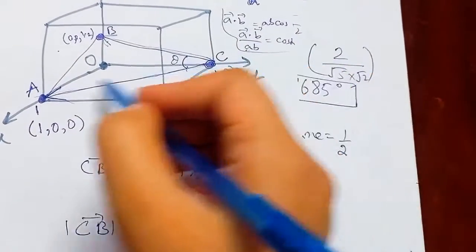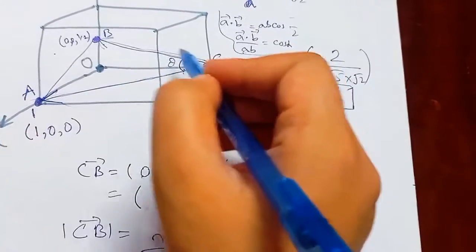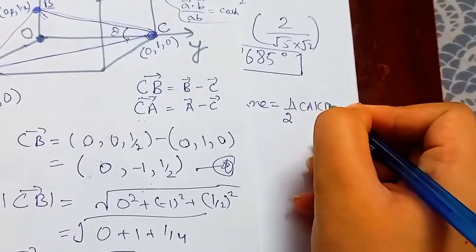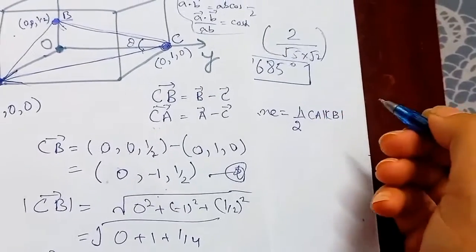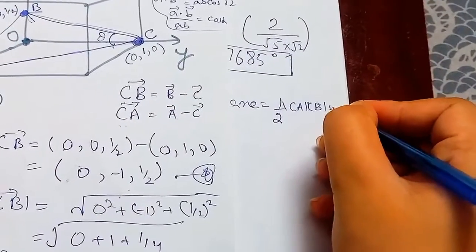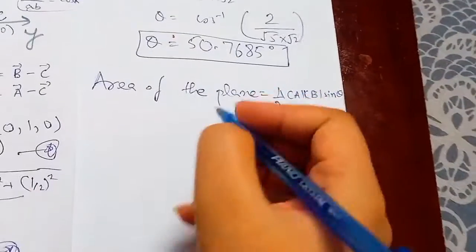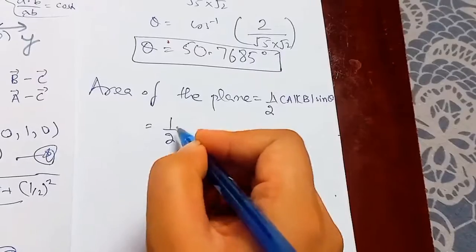These are the two sides now, CA and CB. So CA length into CB length, with A in it, we will multiply A as well, sine of the angle between them, which is theta. So this is the formula: 1/2 CA length.